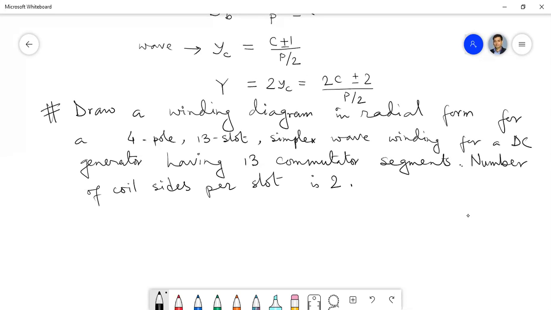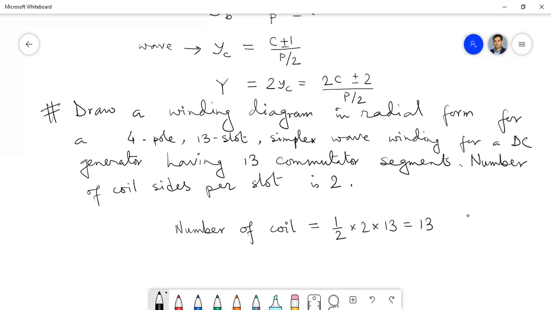So what is the number of coils? 13. Again the same thing. So that is half into 2 into 13, it is 13.